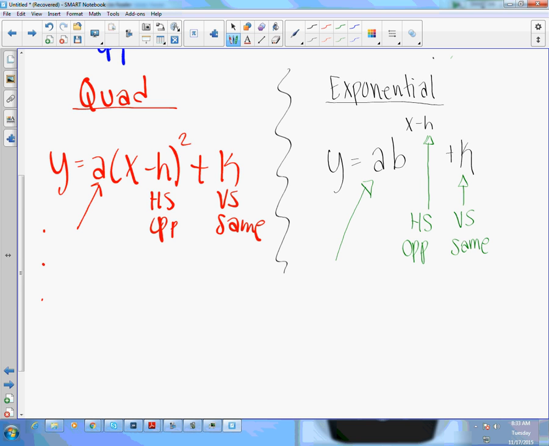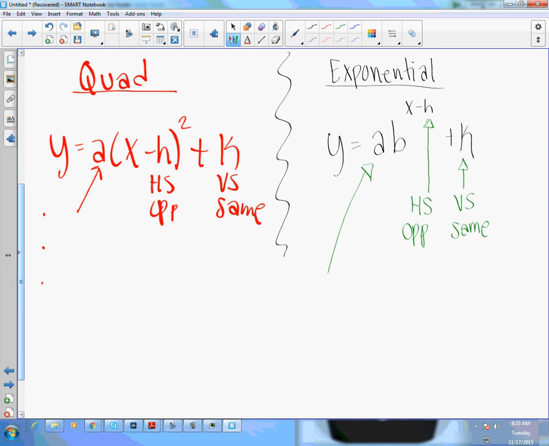And a, we didn't look at the graph of a, but we can deduce that it's also going to follow the same as quadratics. If a is less than 0, it's going to flip vertically. If the absolute value of a is greater than 1, what type of vertical stretch or compression would that be?